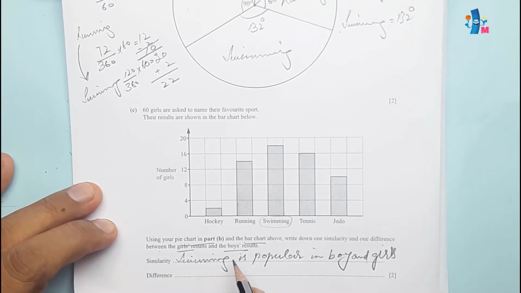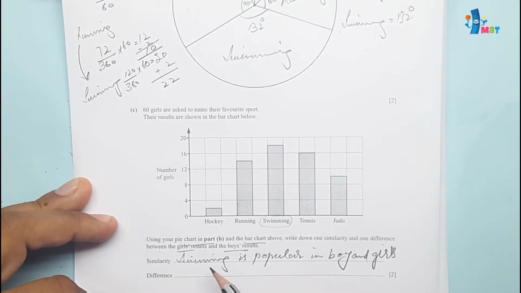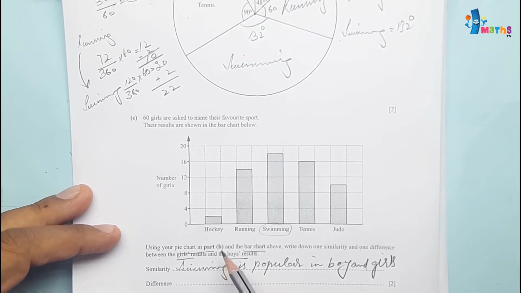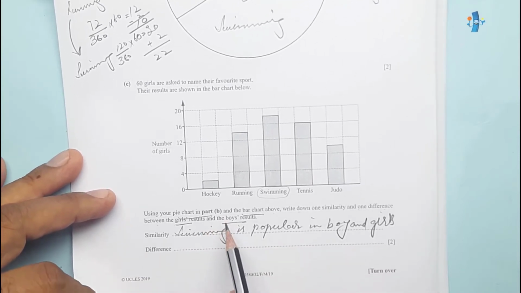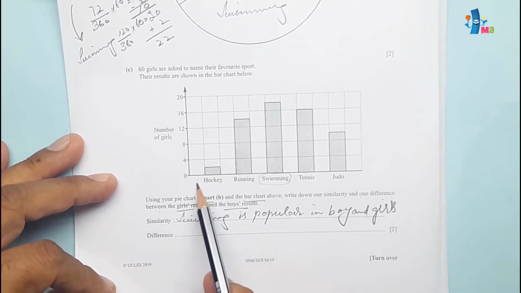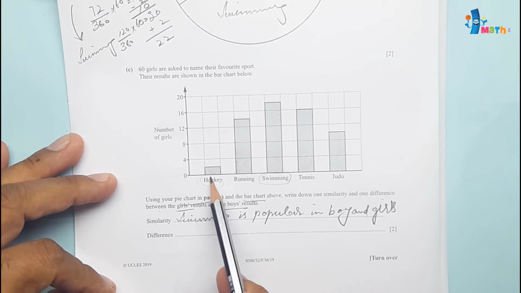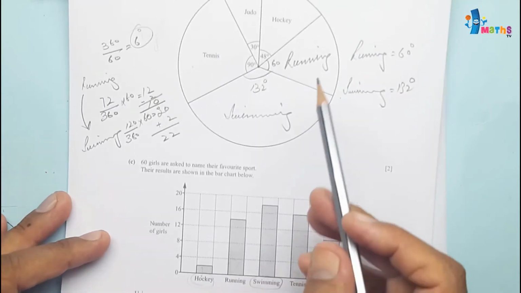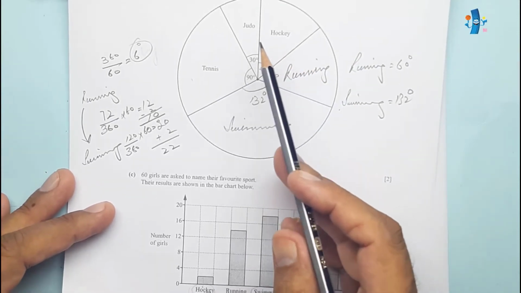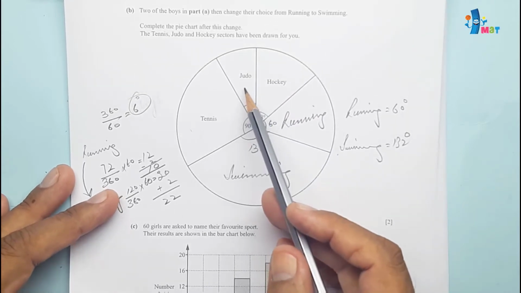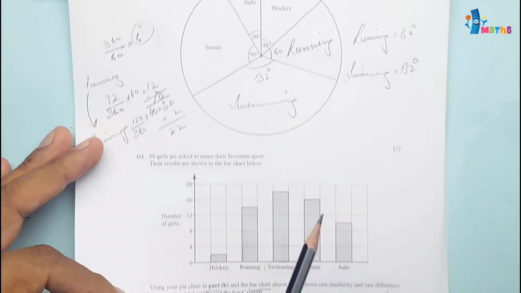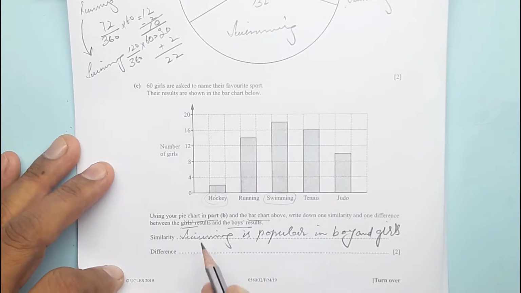And the difference is that the least liked game for the girls is hockey. This is the lowest, right? And the least liked game in case of boys is judo. So we can write this difference.